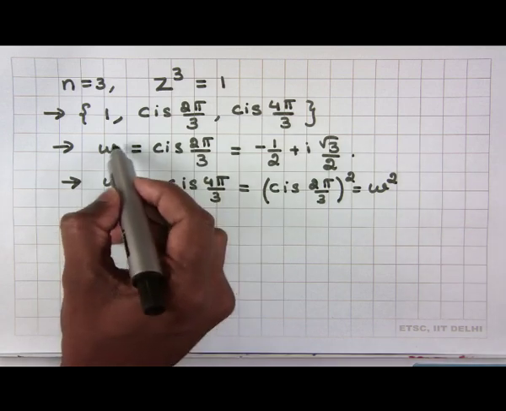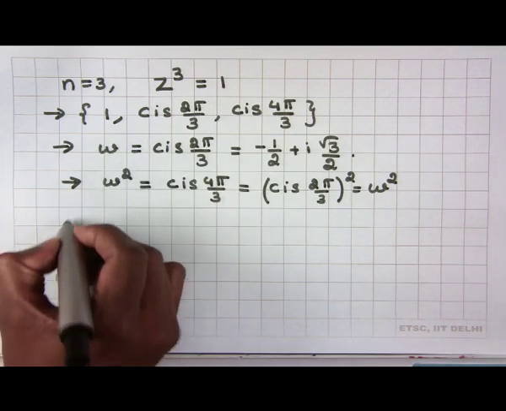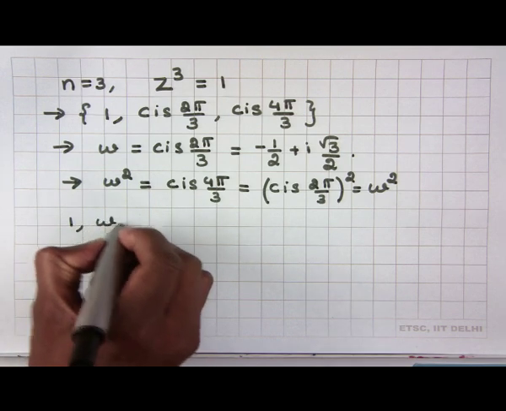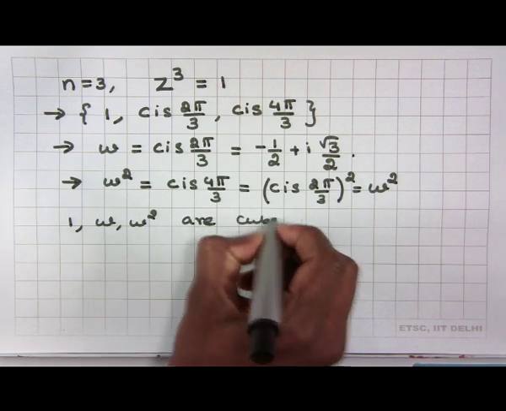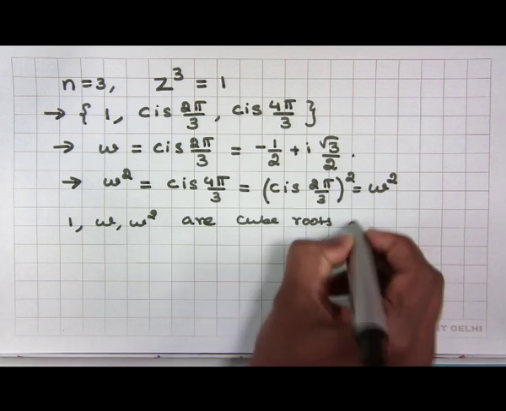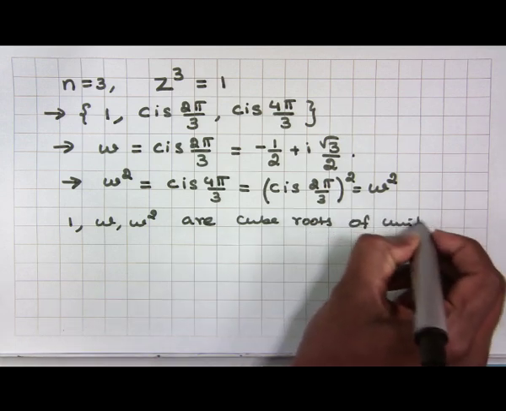So, using this notation omega, we observe that 1, omega, omega square are cube roots of unity.